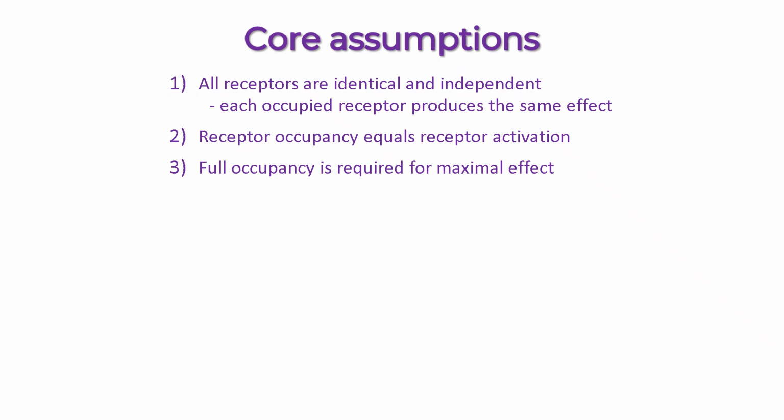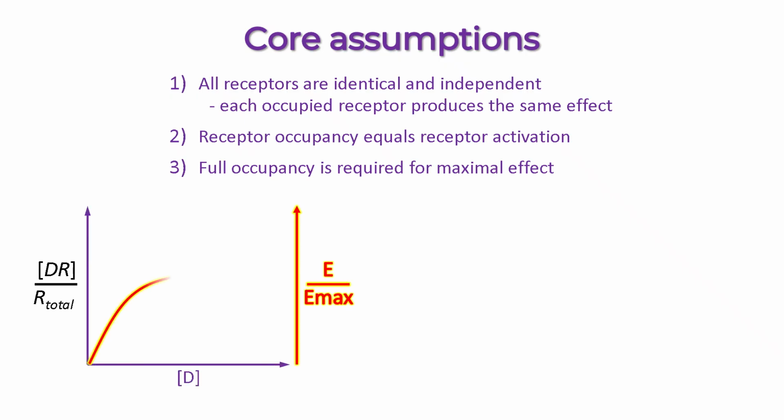In real biological systems, these assumptions are rarely met. Many drugs produce maximal effect while occupying only a fraction of receptors, revealing the presence of spare receptors and signal amplification. Different agonists can bind the same receptor but produce very different levels of effect.